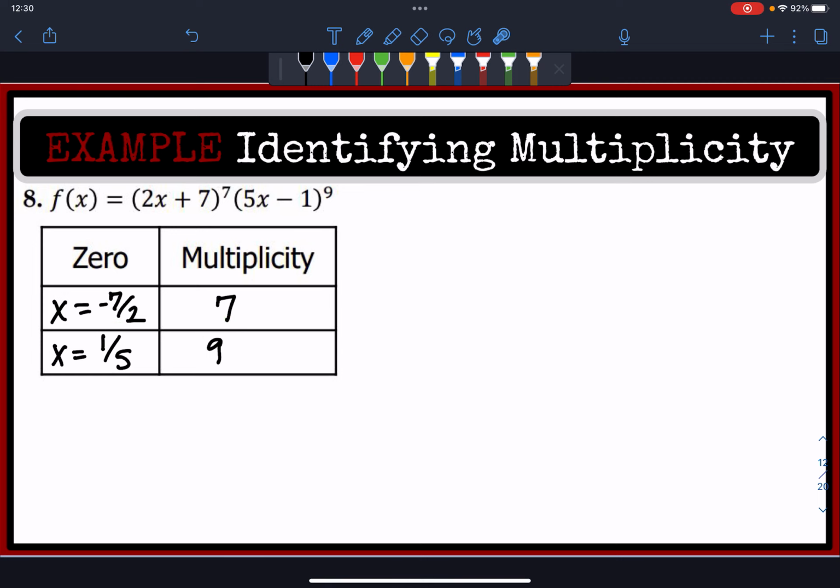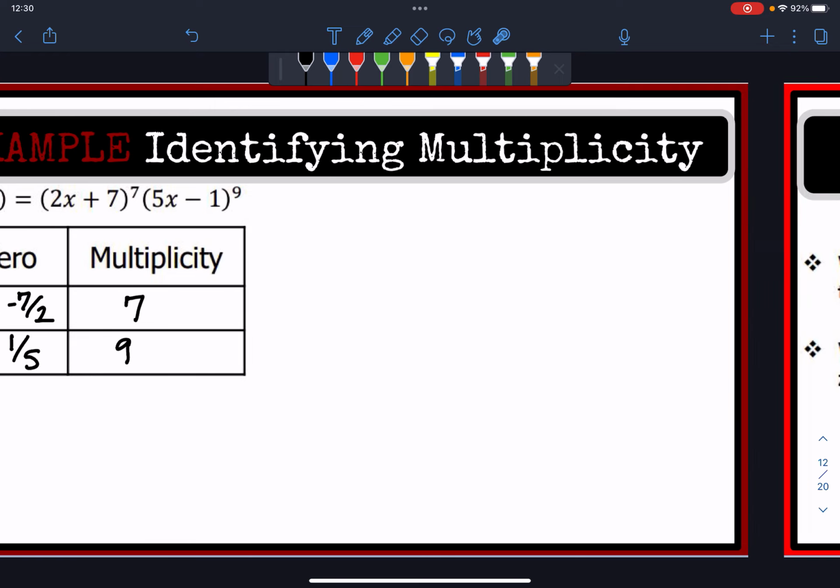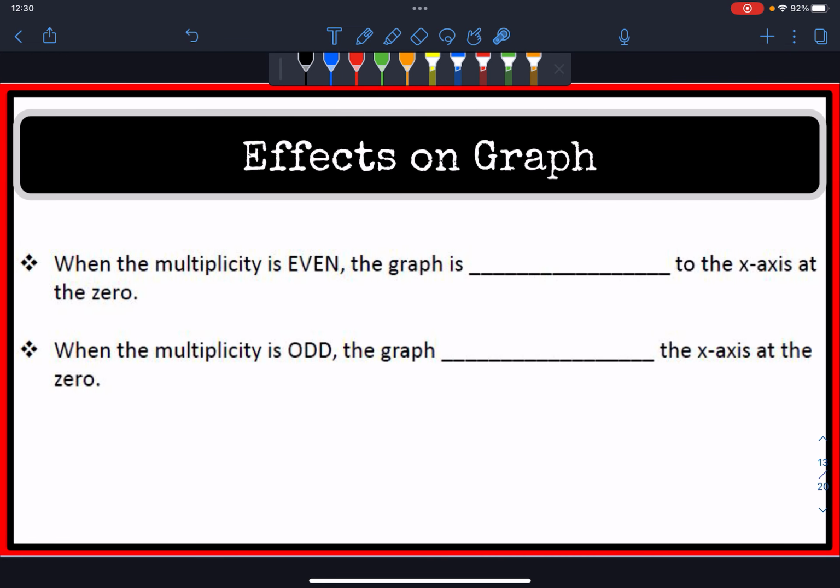Now, these multiplicities also have an effect on the graph of our function. If the multiplicity of a zero is an even number, then the graph is going to be tangent to the x-axis at that zero. To be tangent simply means it's going to touch the x-axis.